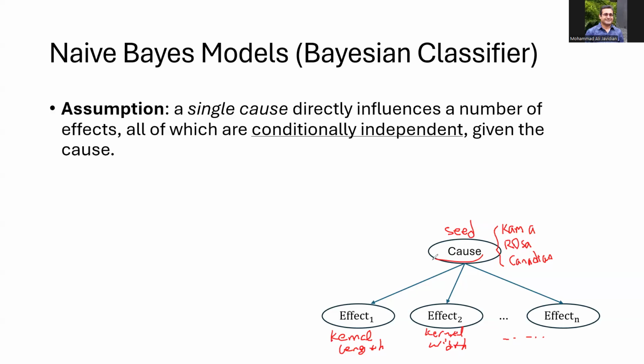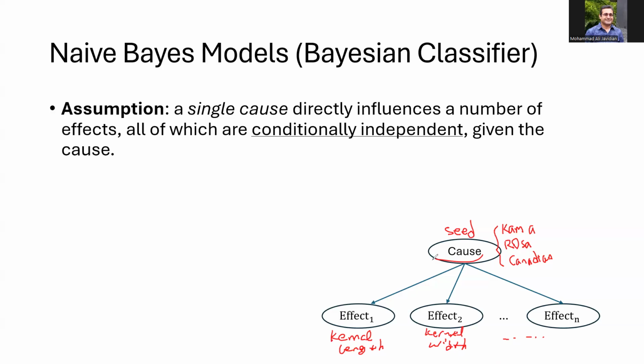But even in the cases where this assumption is violated, naive Bayes models still perform well, sometimes better than other models. I will explain what's the advantage and what's the disadvantage of using naive Bayes models in the last slide.